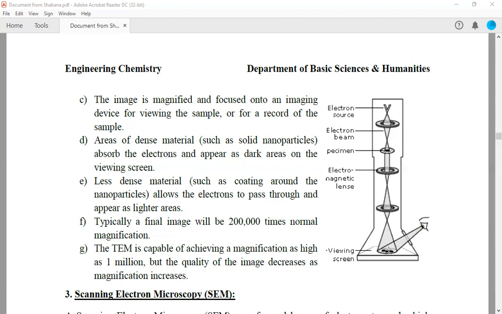That's why I told you that this is a shape-controlled method for the synthesis of colloidal nanoparticles. So this is about the TEM method.